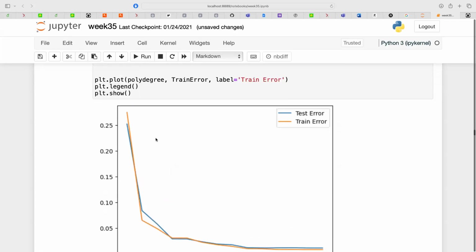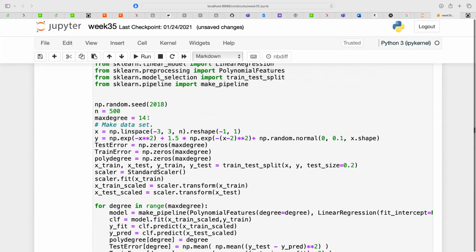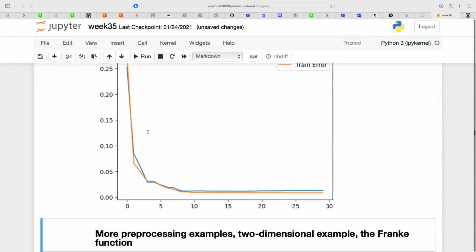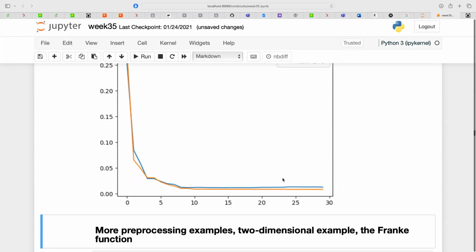However, even in this case, if we have all this data, it could happen, suppose now we go to a 20-fold, or let's say a 30-fold polynomial. Because we have an exponential here, and we have in principle a polynomial of very high degree. Still here you see that the test case is a little bit higher. And the error is still not zero.